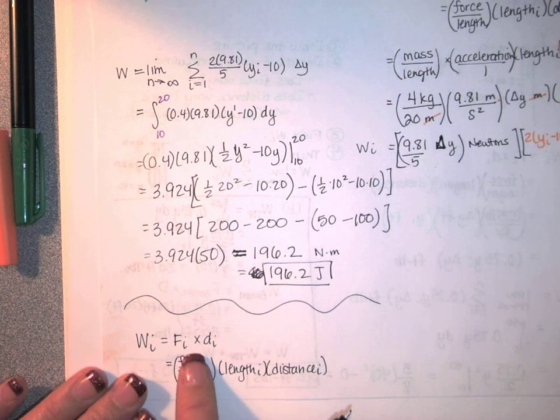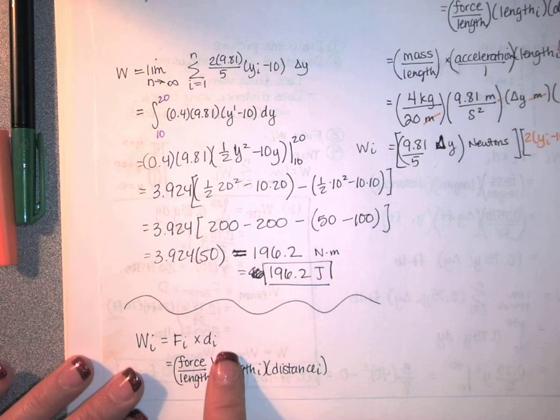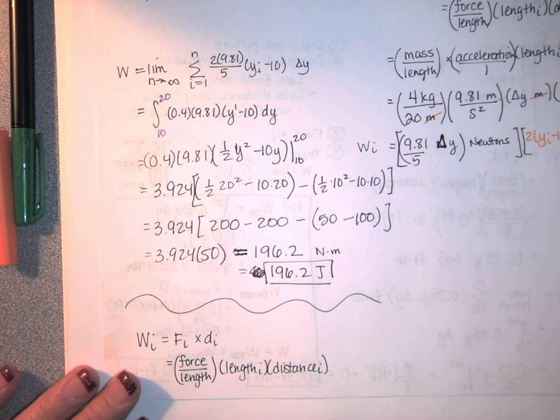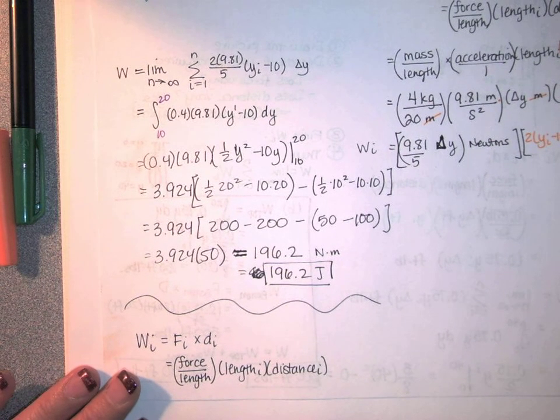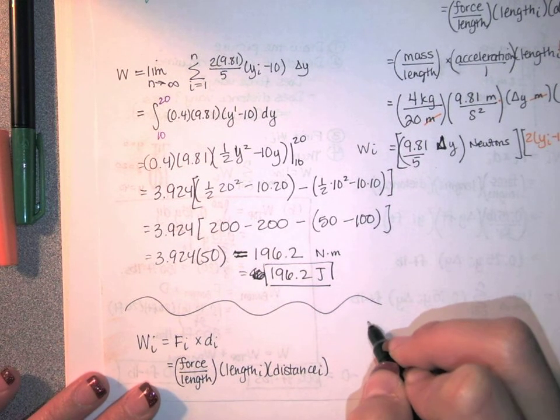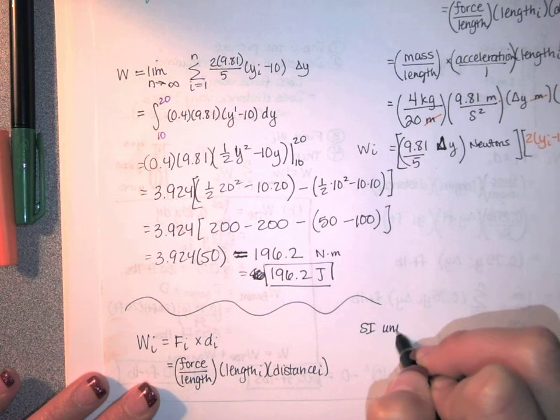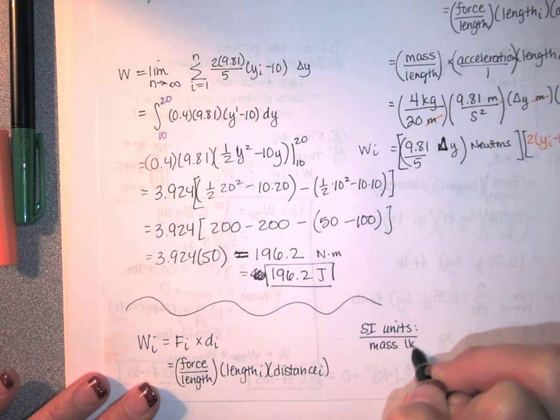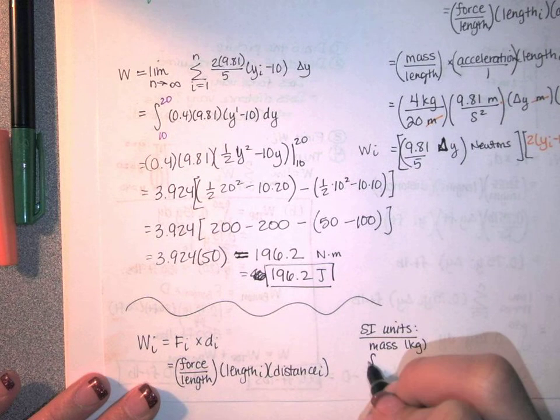And this force per unit length is going to be given to you in some way. Sometimes they tell you it's this many pounds per foot, and you can just fill that in. Sometimes they'll say it's 100 pounds, and it's 4 feet long, so you would say it's 25 pounds per foot. Wow, that's really heavy. So sometimes you've got to calculate this, and sometimes it's given to you. And remember, with SI units, mass is in kilograms, or tends to be given in kilograms.